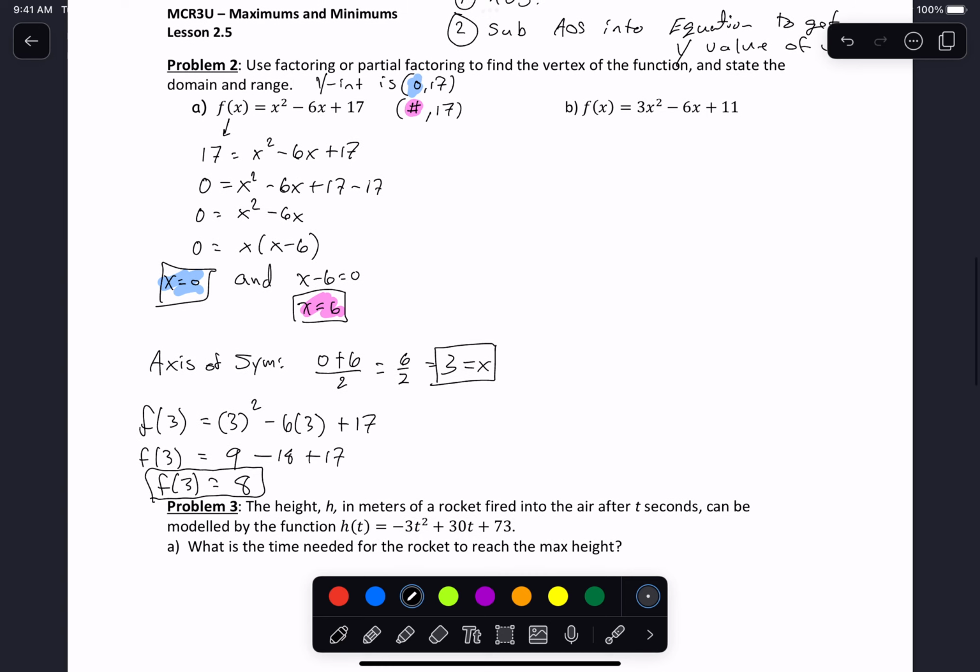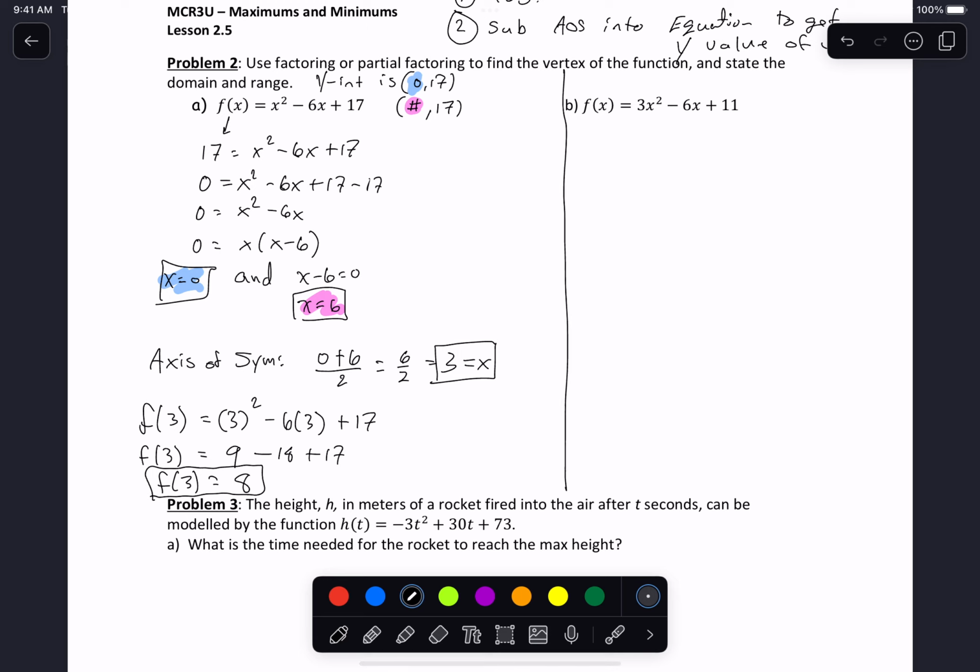So, in conclusion, I'm going to go up here. The vertex is 3, 8.